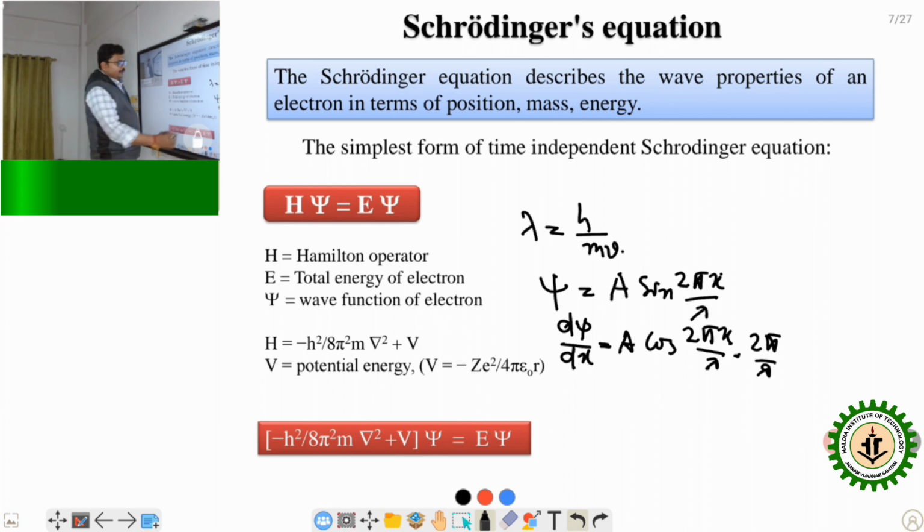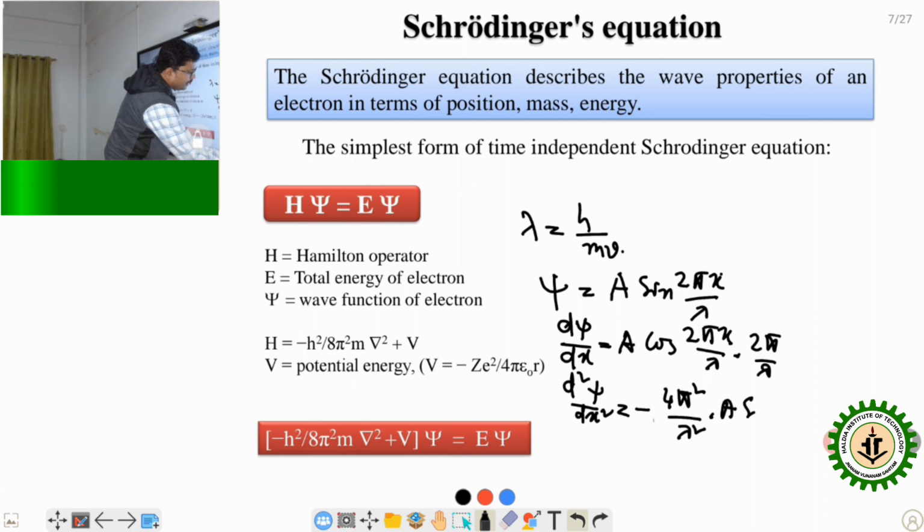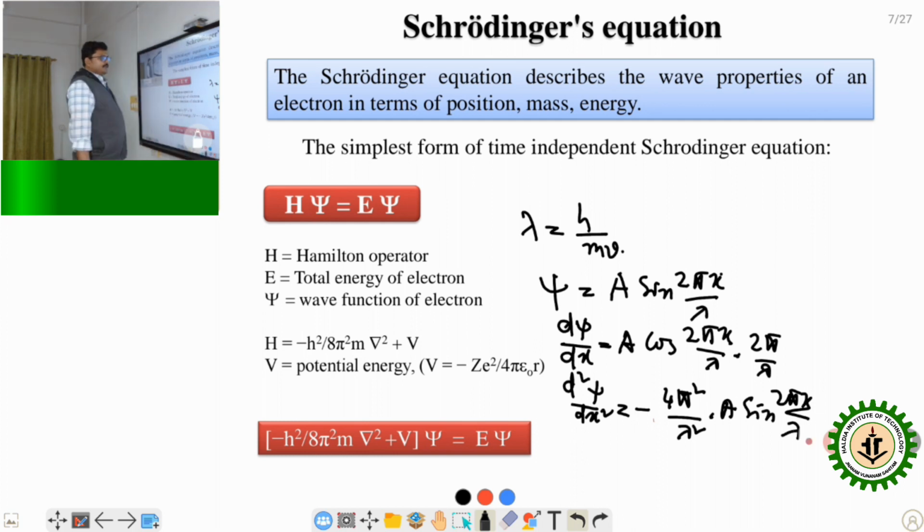If I do the further derivation, d²ψ/dx², then we have minus 4π²/λ² into A sin(2πx/λ). So instead of A sin(2πx/λ), I can easily put the wave function ψ.